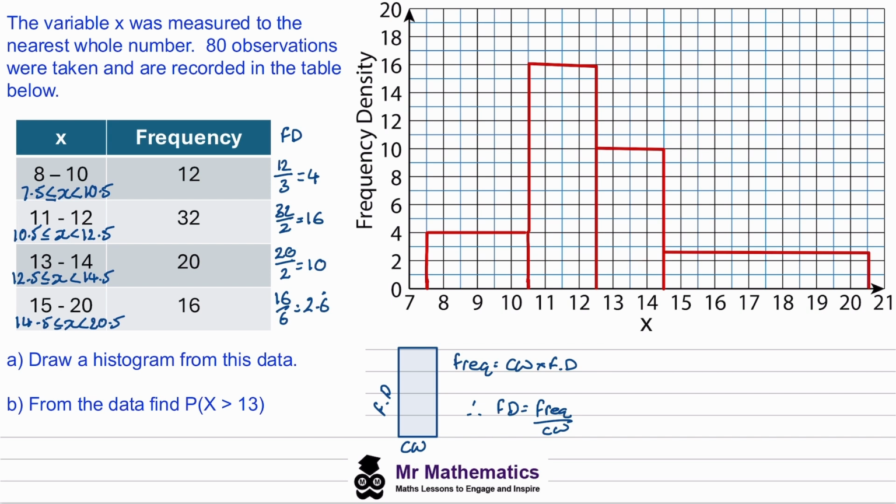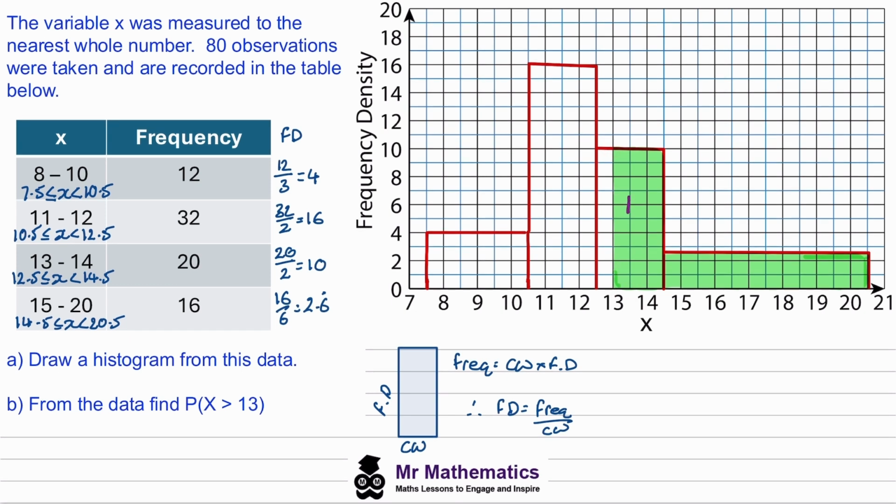For part B, from the data, find the probability of x being greater than 13, which is the area that I've shaded in green. So the total number of observations greater than 13 will be the area of this bar, so 1.5 multiplied by 10.